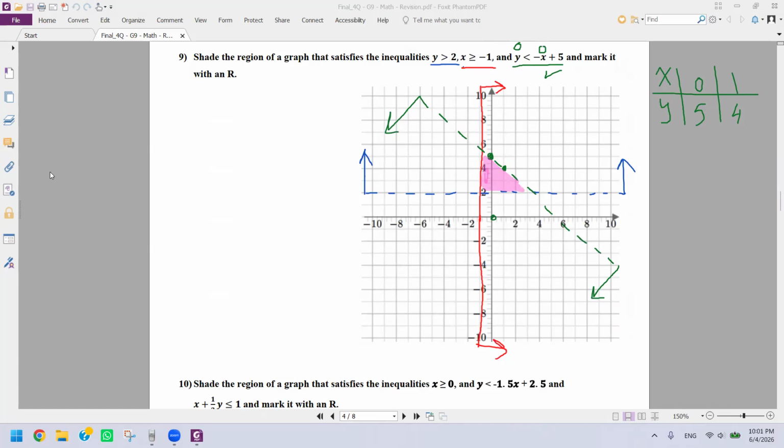And then it says, name it as R, so you write R inside it. These inequalities give me that shaded region that satisfies all of them. Remember, if the line is dashed, it means the point on it is not accepted. If the line is solid, it means we accept the points on that line.